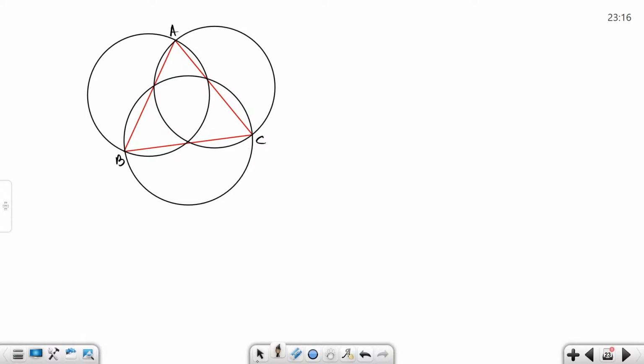So what we have actually to prove here: if we can prove that the radical axis is the altitude of this triangle, then it is equivalent to proving that the radical center will be nothing but its orthocenter.